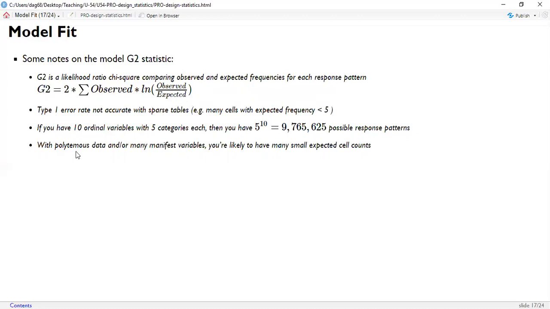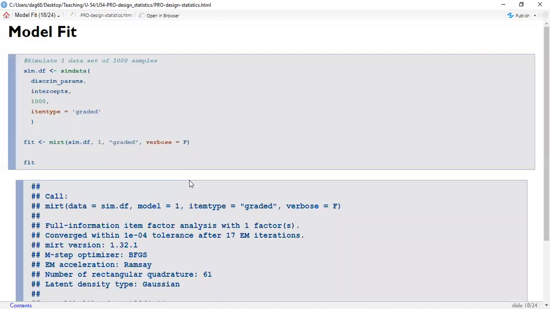And that can very easily happen when you're evaluating or fitting measurement models, because say you have 10 ordinal variables with 5 categories each, which is not an unusual circumstance to have, then you have nearly 9.8 million possible response patterns. So you can imagine if each of the expected values across response patterns should be at least 5, then you would have to have an enormous sample size. So you're very likely to have many small expected cell counts.